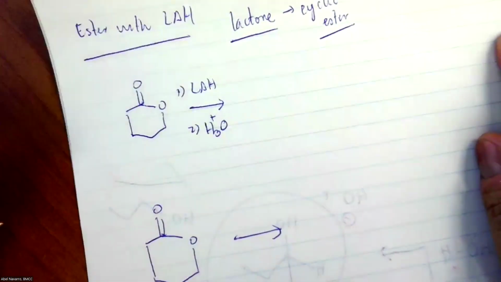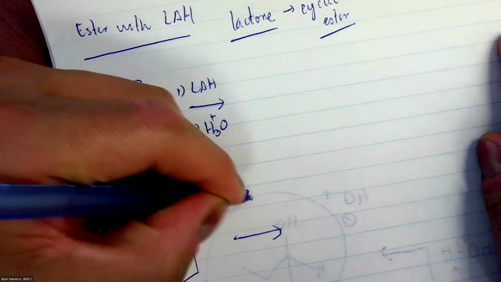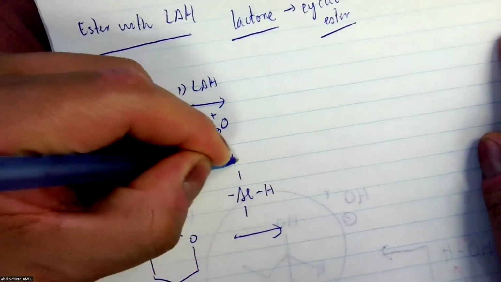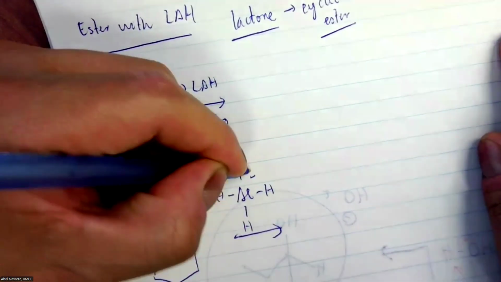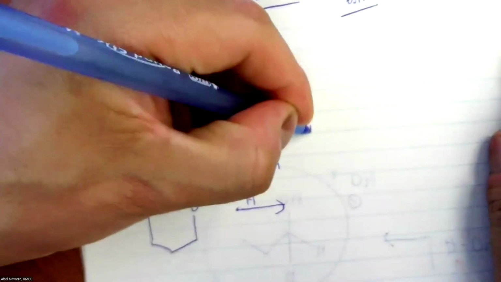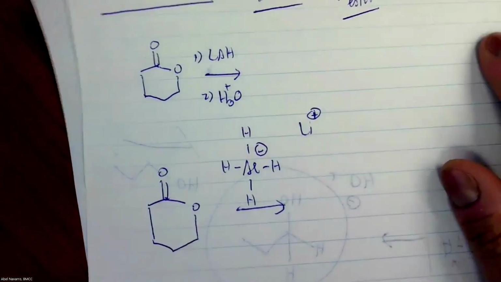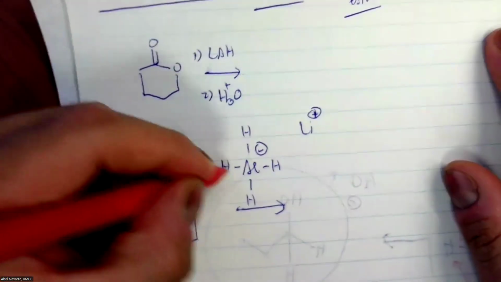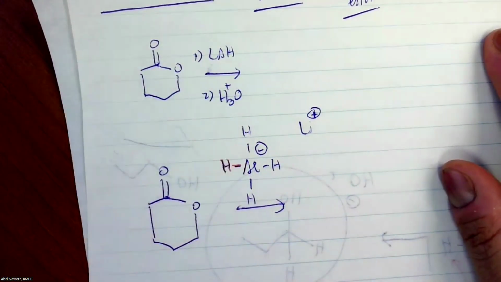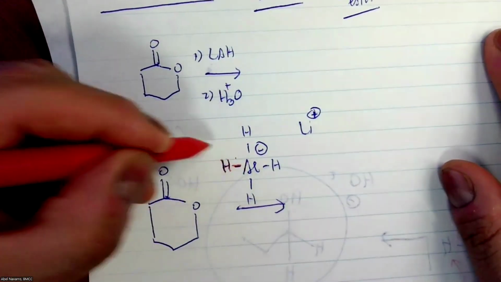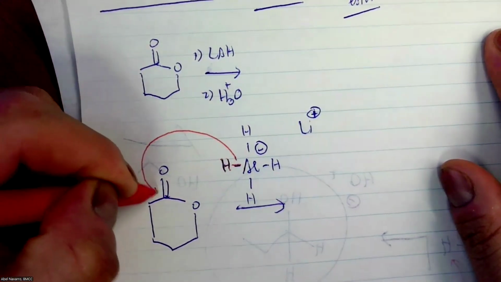First is the LAH. H minus, with lithium on the side as a spectator. Same strategy. The H bond attacks the carbon.